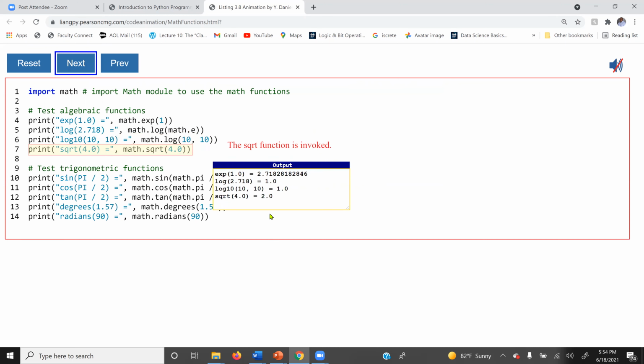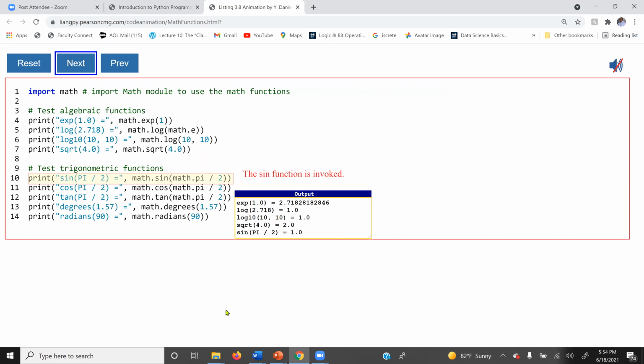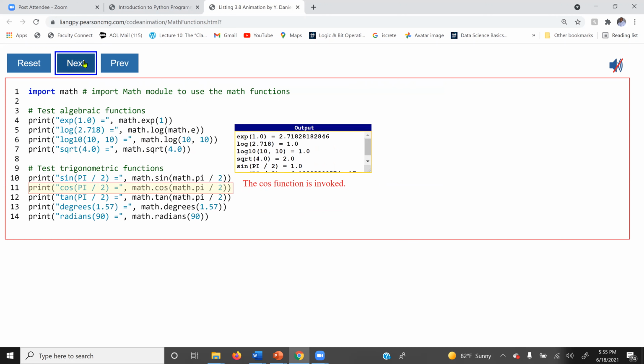Square root will give us 2. Square root of 4 is 2. Then the sine of pi by 2 is 1. Again, pi is 180, so the sine of 90 degrees will give us 1. And also cosine of 90 degrees will give us 0, I think. Sorry, that will give us 6 point something.